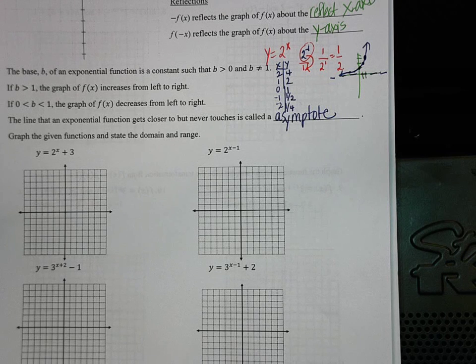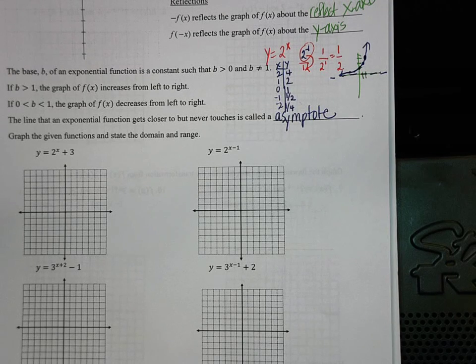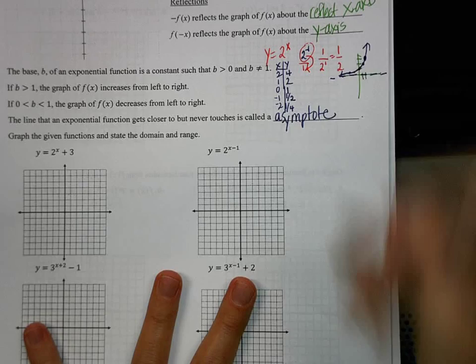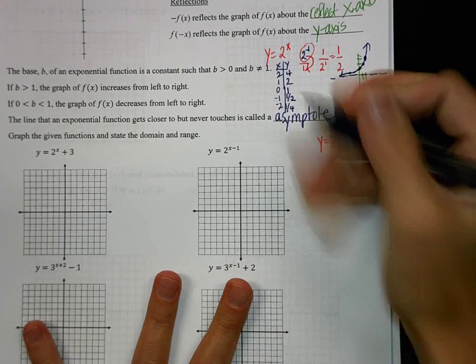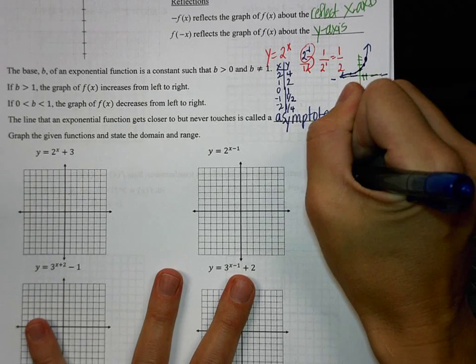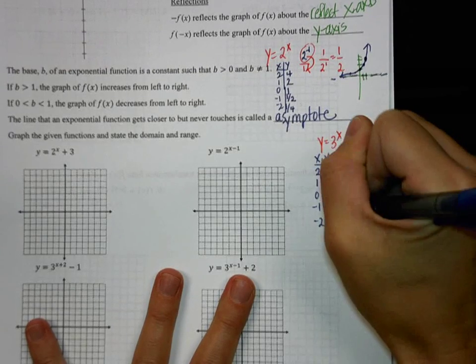Okay. Now, if I were to plug in, let's say, the value of 3 to the x. We're going to do just another example here to the side. Y equals 3 to the x. And I did a t-chart with x and y. I'm going to do the same thing with 2, 1, 0, -1, -2.